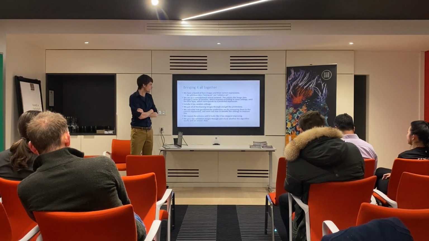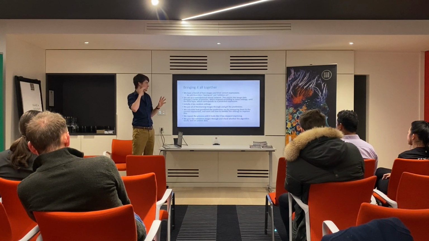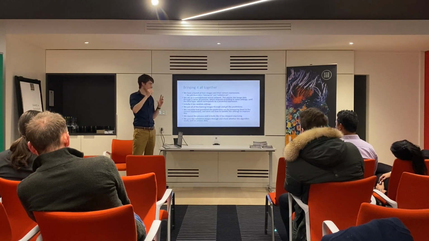Yeah. Okay. In fact, we've gone through a lot of stuff, so I'm just going to recap everything we've gone over. We start with a bunch of faces that we've labeled with the correct expressions. We split them into a training set and a validation set.